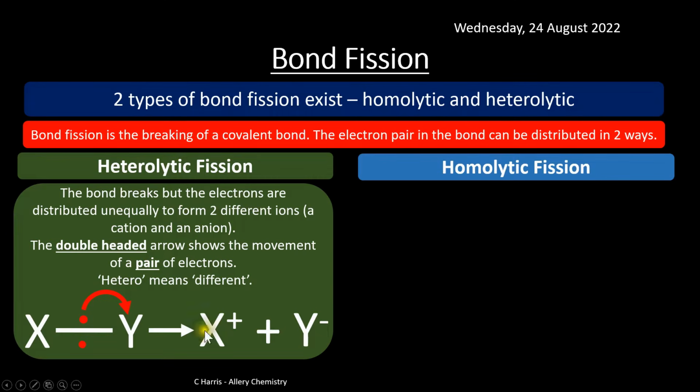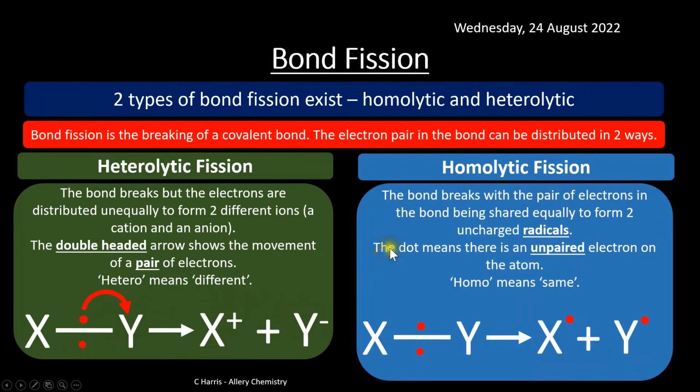In this case, we use a double-headed arrow, and you'll see this throughout organic chemistry quite a lot. It shows the movement of a pair of electrons from the bond going to one molecule or the other, and the result is, as you can see here, Y which has got Y minus, and X which has got X plus.